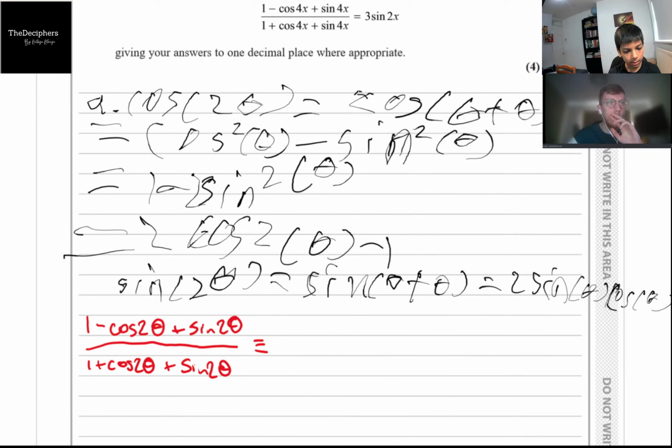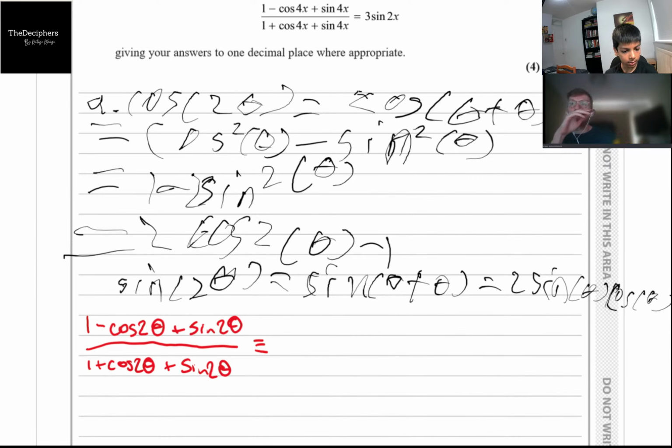So that was the equation. We can use 2 cos squared theta minus 1.